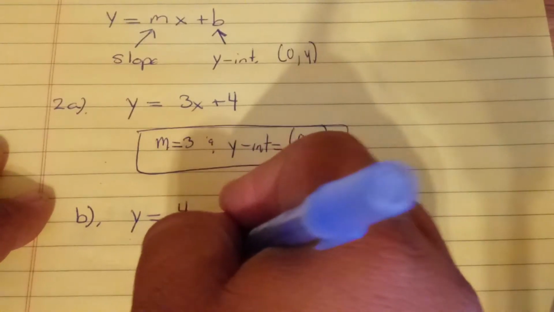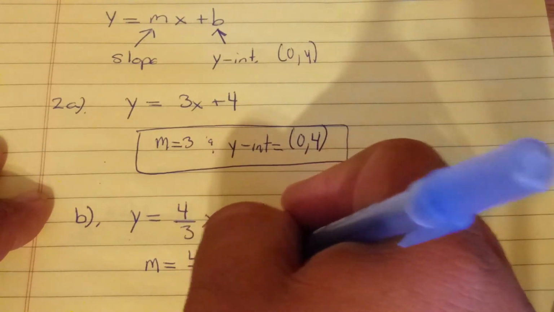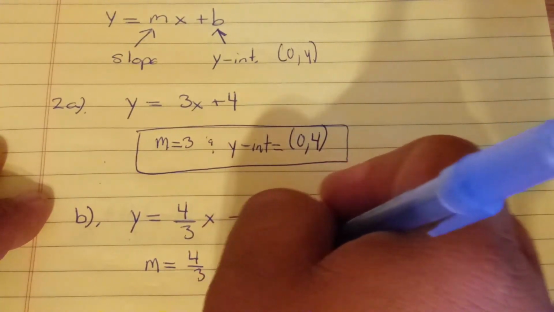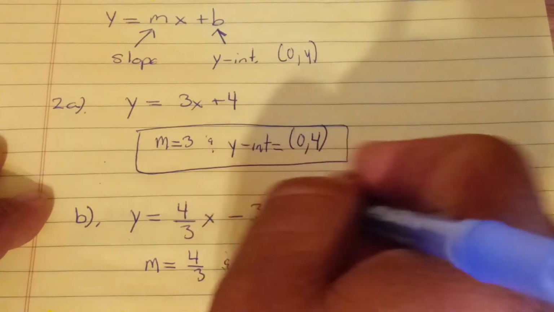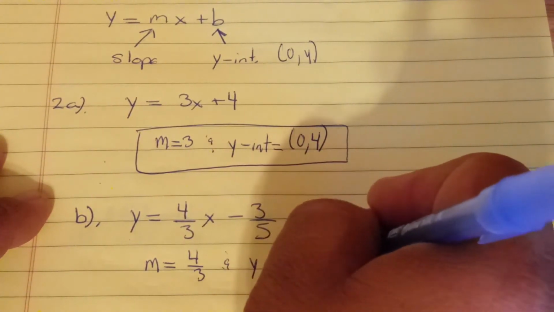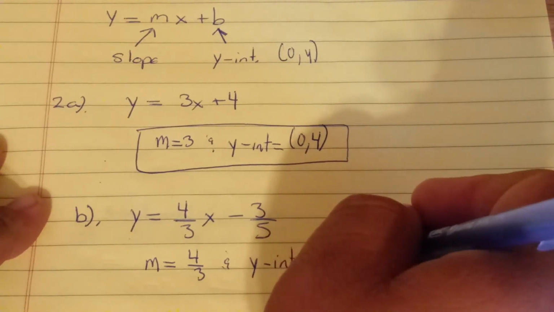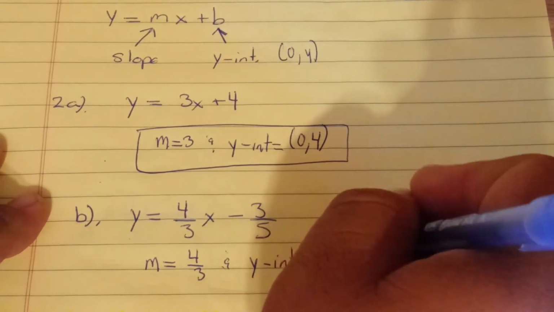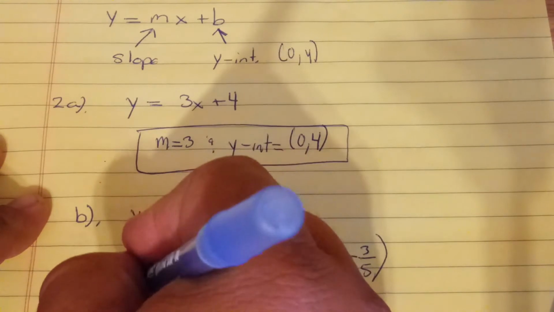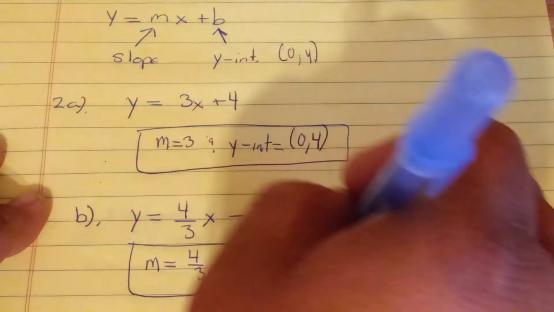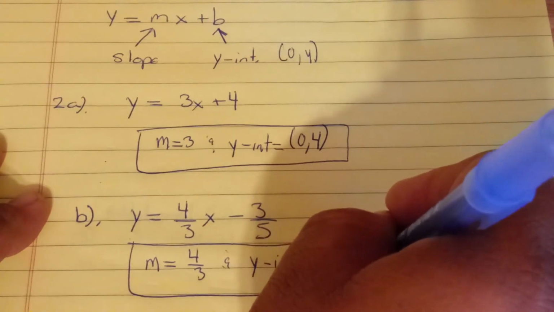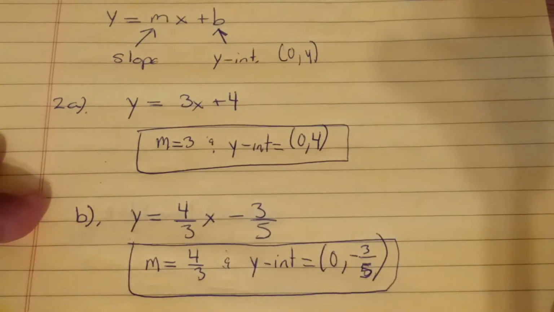And your y-intercept, once again, you have to label it as (0, -3/5). So there is your slope and your y-intercept. Once again, this is more visual than anything else.